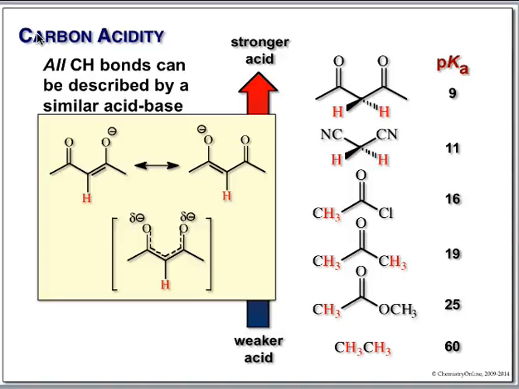Here we have a nice resonance stabilized anion, and it's very, very stable. You can also resonance stabilize this from malononitrile. That's why it's so low. And then as you add electron withdrawing groups, or take them off as we go down this way, the pKa's get higher and higher. Any question on just the concept?